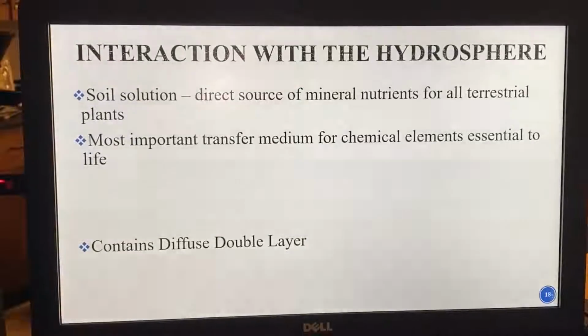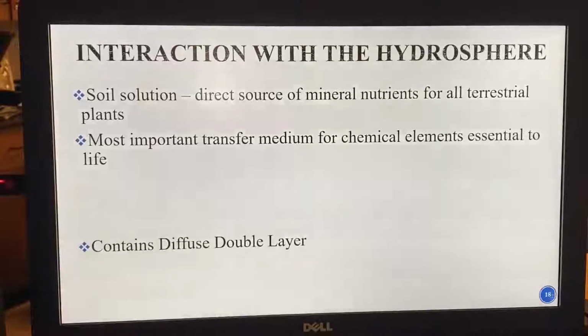The soil solution is this mix between the water that's there, some of those colloids, and some of the nutrients that are there, kind of just like the atmosphere. That is actually a solution. There is some moisture, there are some elements, oxygen, things of that nature, and that is what we're terming the soil solution.